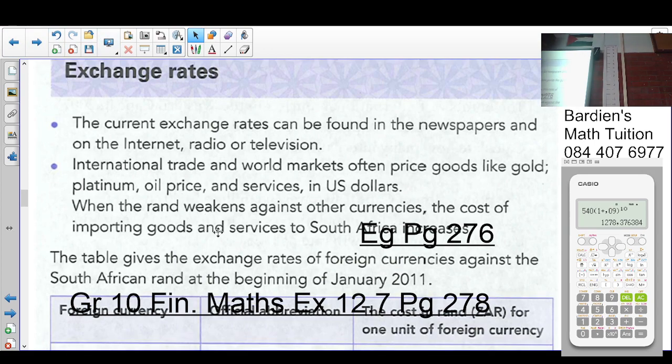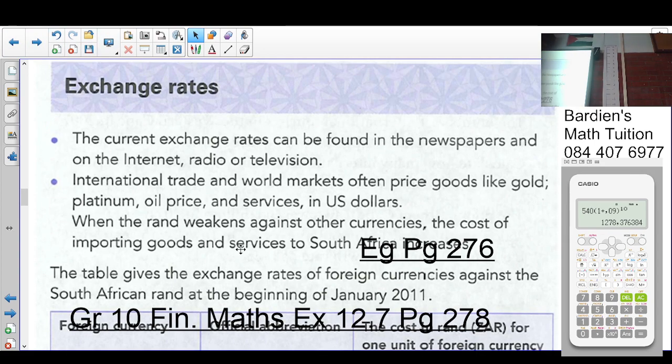If you're visiting a different country, of course your rands are not going to work in those countries. You guys know that, no? So when you go to America, you change to dollars. You go to Zimbabwe, Zimbabwean dollar.